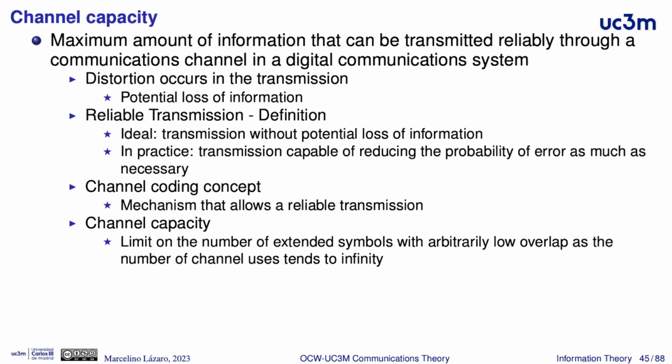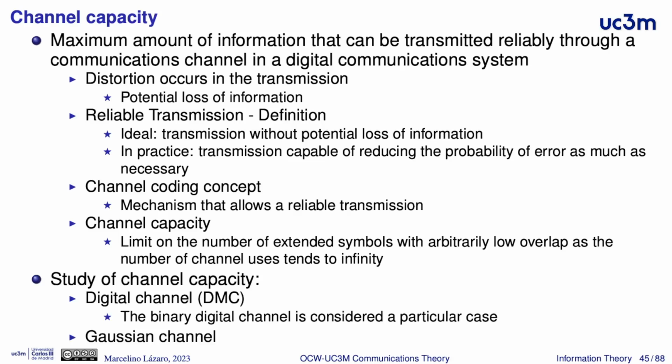And this when the number of uses of the channel n tends to infinity. This is basically the definition of channel capacity. And channel capacity has been analyzed and obtained for the digital channels, for the DMCs, and for the Gaussian channels. We will present these capacities in further videos.